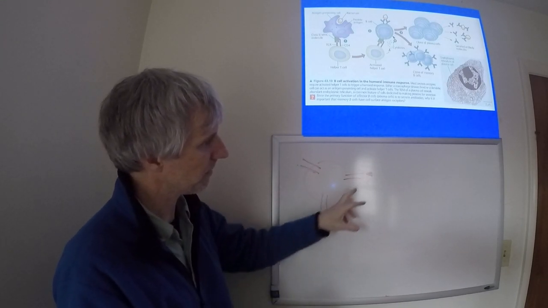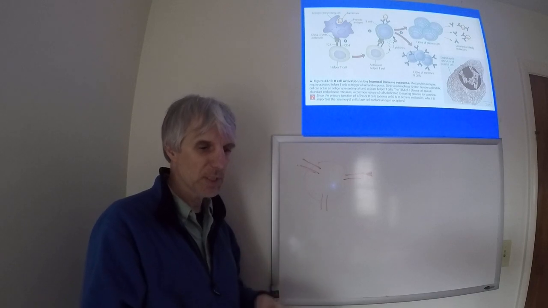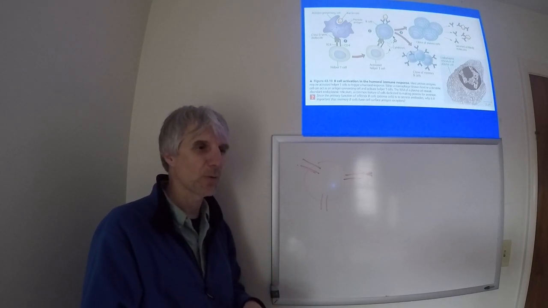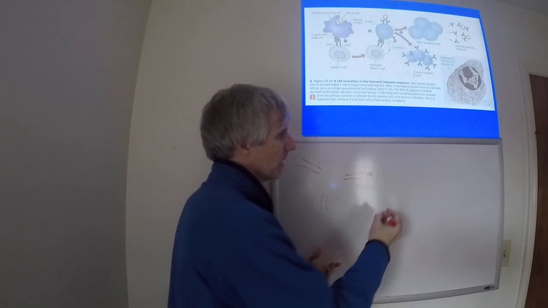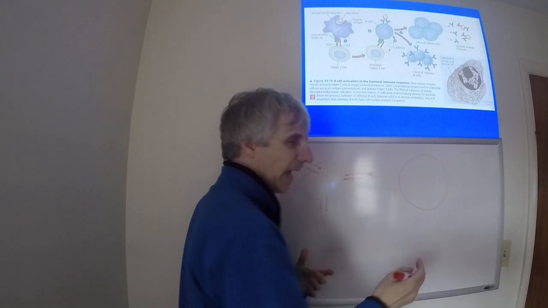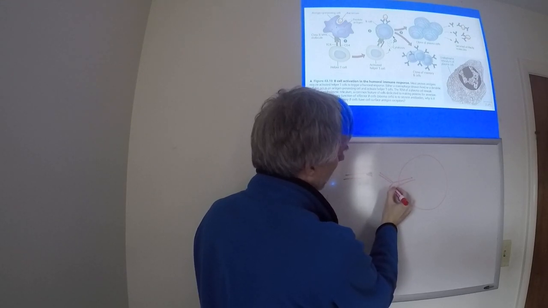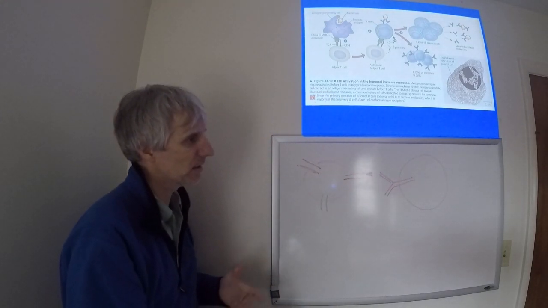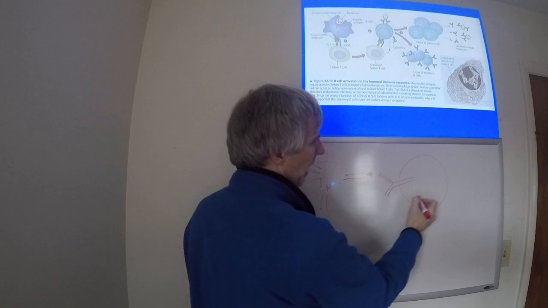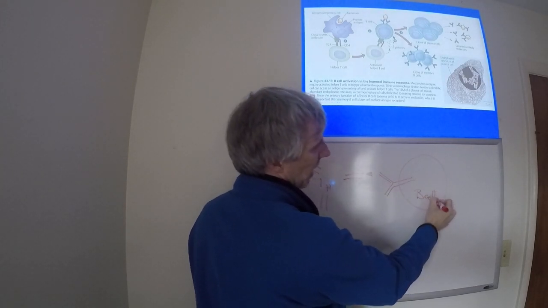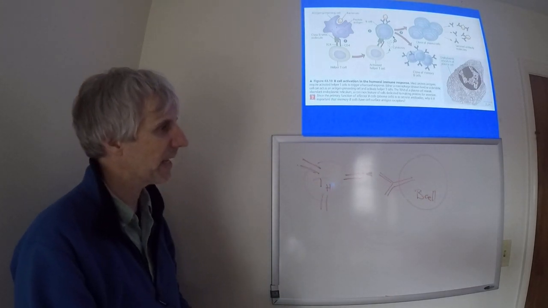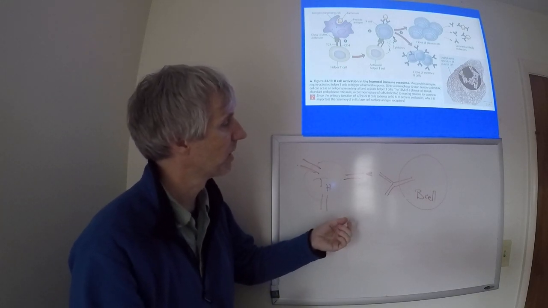Okay? Now, in MCB, I talk about T cell receptors and B cell receptors. I like the analogy, forgive me if you've heard this before, but basically the T helper cell and the B cell can interact with each other, and they interact through their receptors.